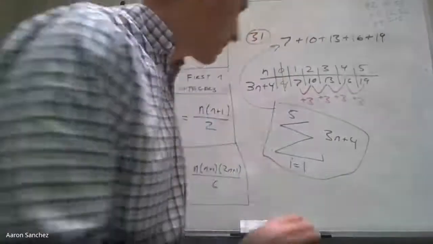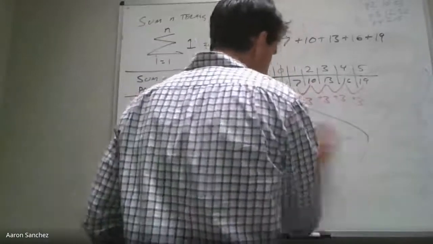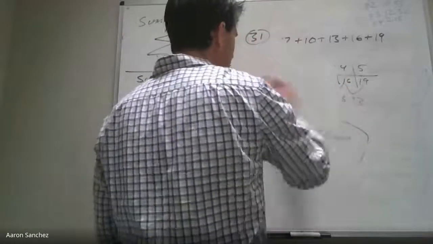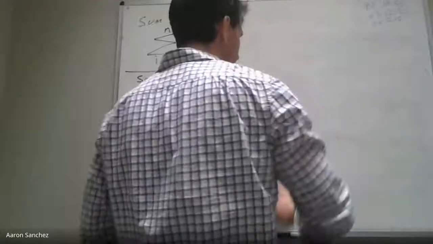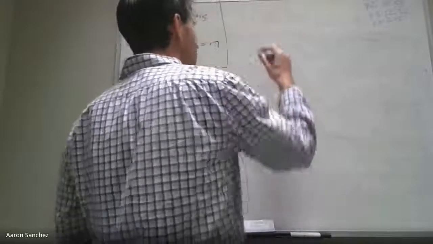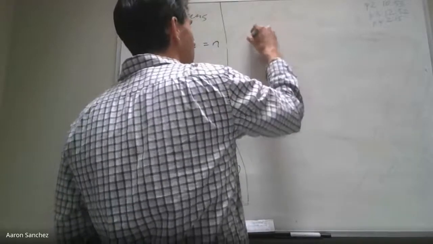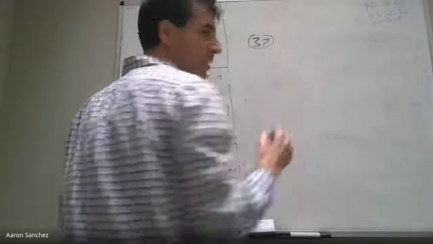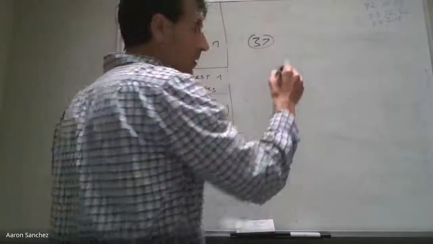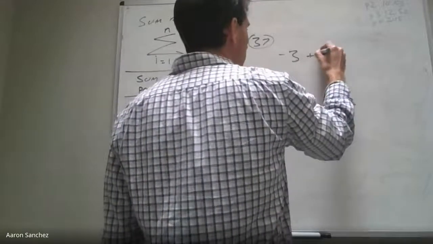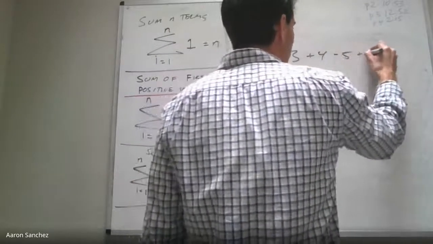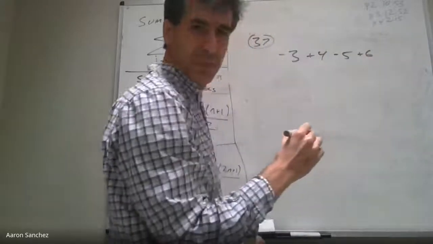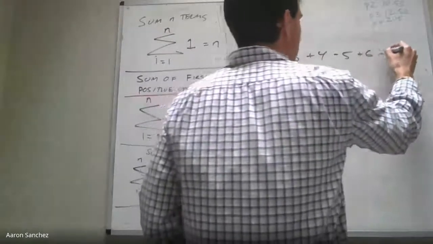Like this rule took me a while to figure out, but once you figure out the rule, it's easy. So I'll just show you the rule. 37 is -3 plus 4 minus 5 plus 6 minus 7.